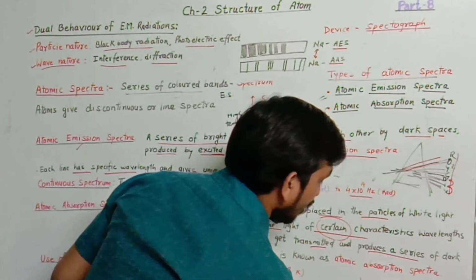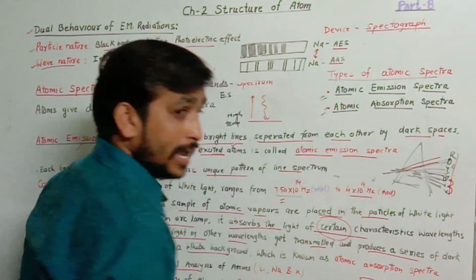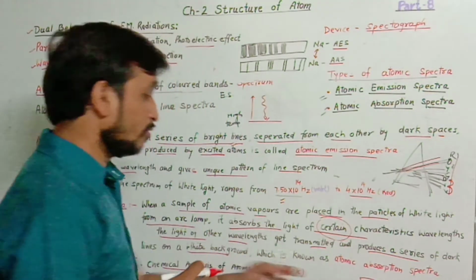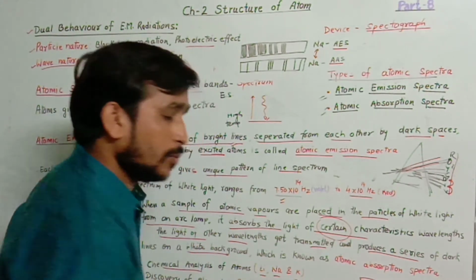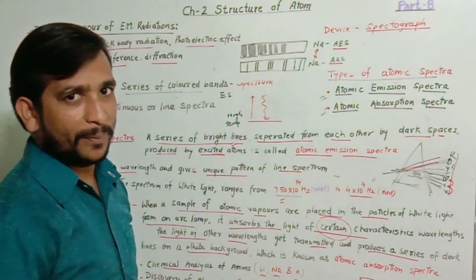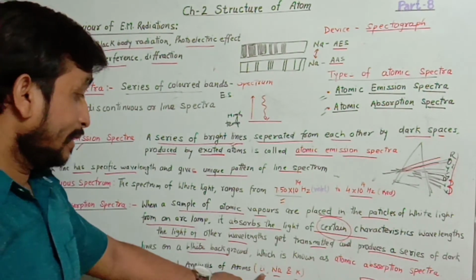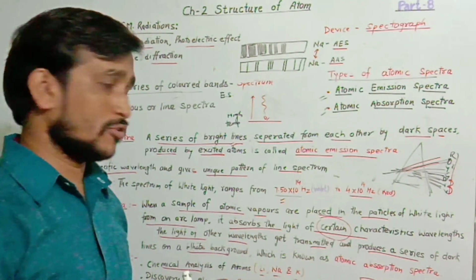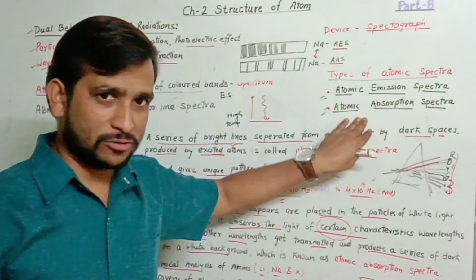If we have a sample in which various types of atoms are present and we wish to find the amount, or go for qualitative analysis of the atoms present, like in a sample with lithium, sodium, potassium or many more elements, we can easily find out how much lithium, sodium and potassium are present by using atomic spectra, because I already told you that lithium, sodium and potassium form different types of atomic spectra, whether atomic emission spectra or atomic absorption spectra.